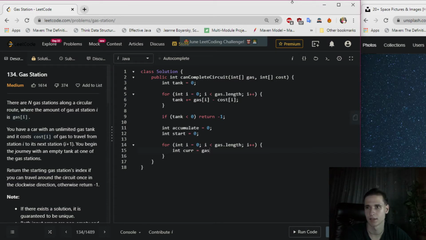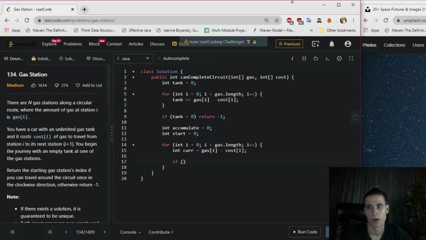So we just say gas at I minus cost at I. I meant that current gain can be like positive or just negative.